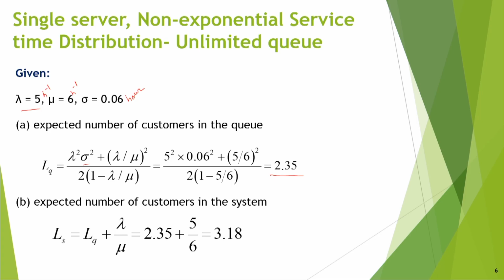Expected number of customers in the system, LS is equal to LQ plus lambda by mu, that means 2.35 plus 5 by 6, that means 3.18 customers in the system. You should not say LS is equal to 2.35 plus 1, that means 3.35. It is coming less only.